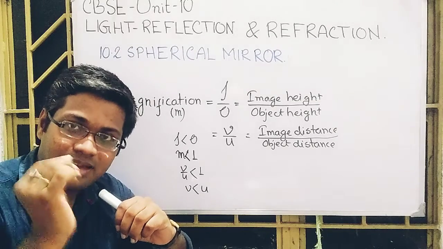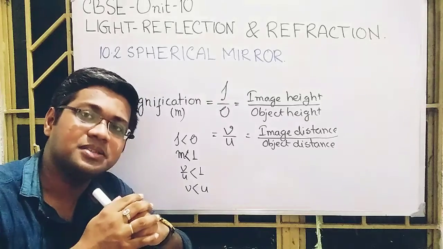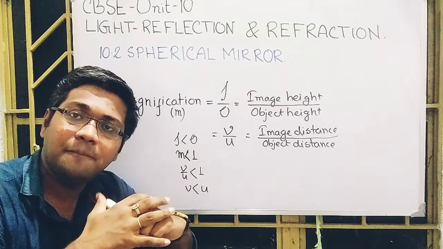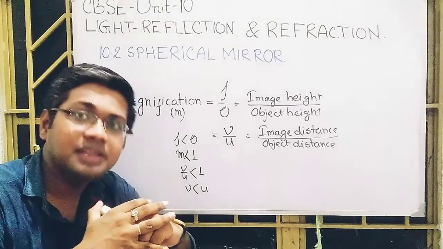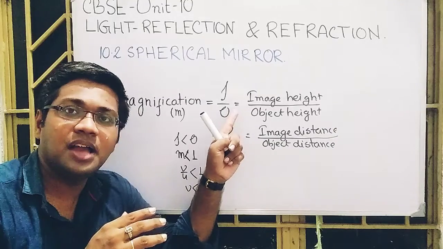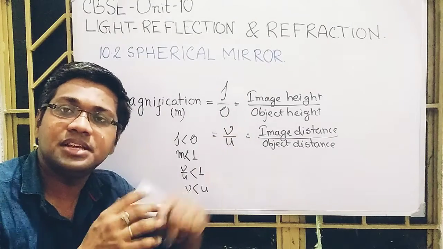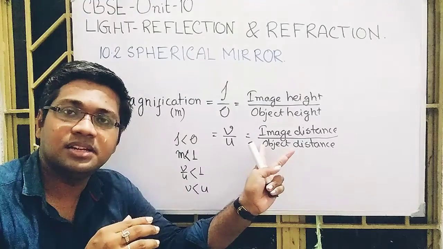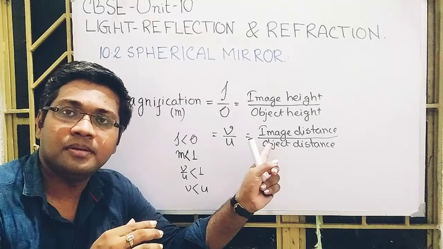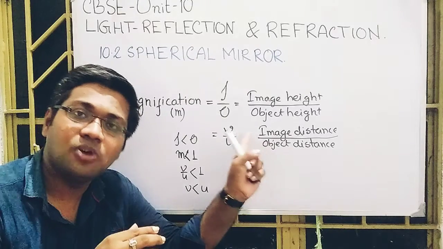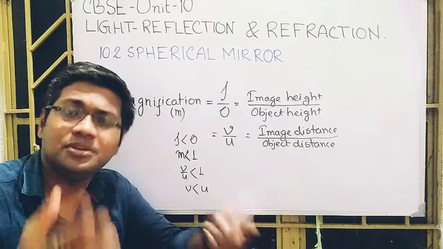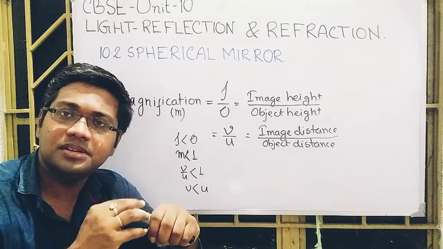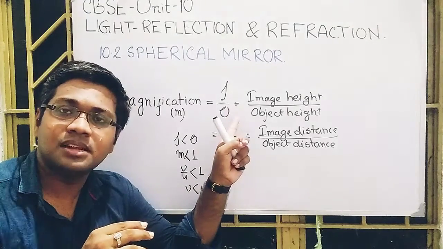But if I want to add a little information about the magnification, just think it is a ratio. It is a ratio of the same type of quantities. It is a ratio of the image height to the object height. It is a ratio of lengths. It is a ratio of the image distance to the object distance. It is a ratio of two distances, which are measured either in meters or centimeters, whatever it may be, but they are lengths. So these units cancel out.